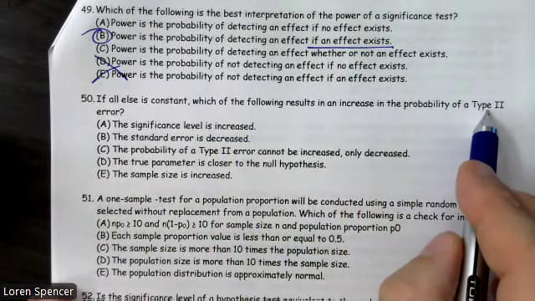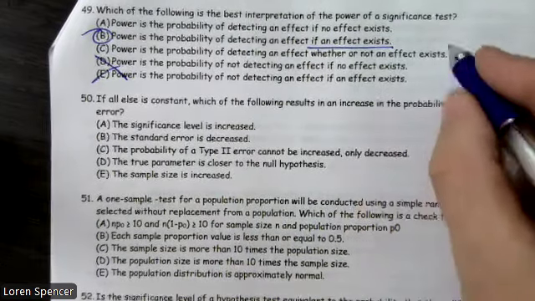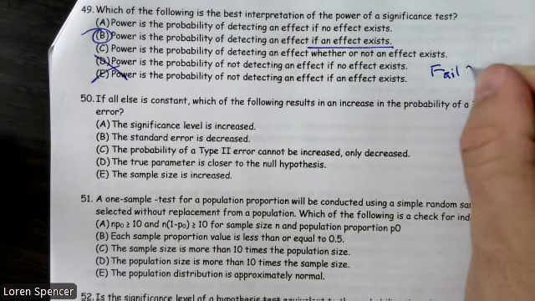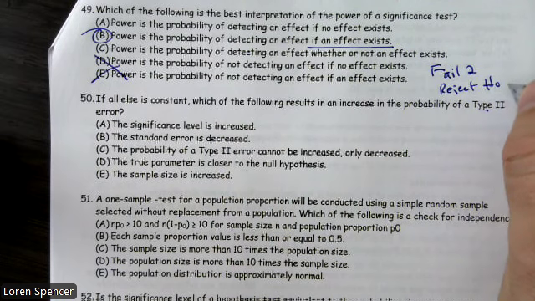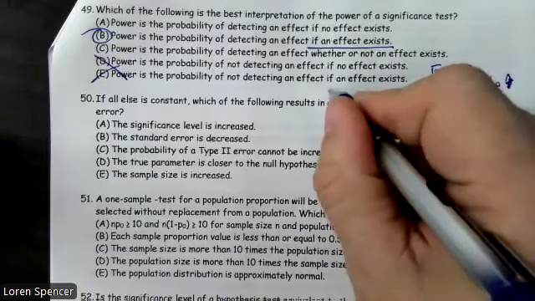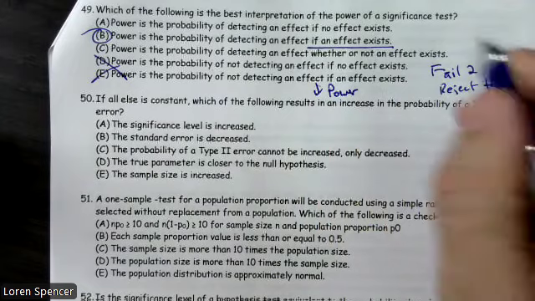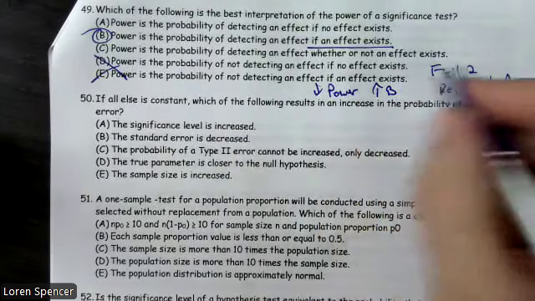If all else is constant, which of the following results in an increase in the probability of a type 2 error? All right. So increasing a type 2, remember type 2 is fail to reject H0. All right. And if power goes down, beta goes up.